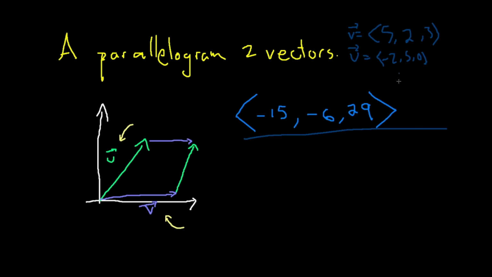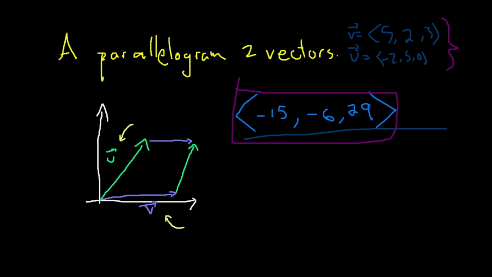So if we want to find the area of the parallelogram formed between these two vectors, we have to find the magnitude of this cross product. So how we can do that is we're going to take the magnitude of this.